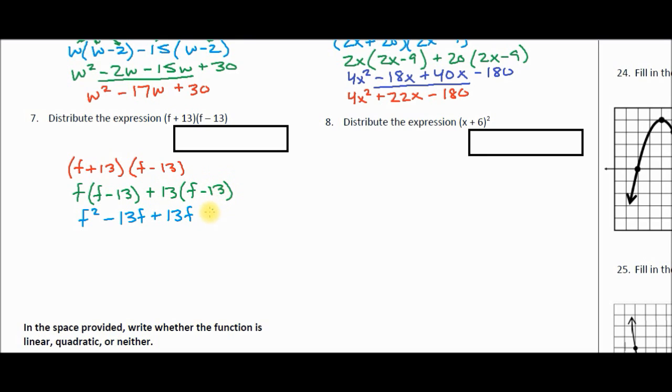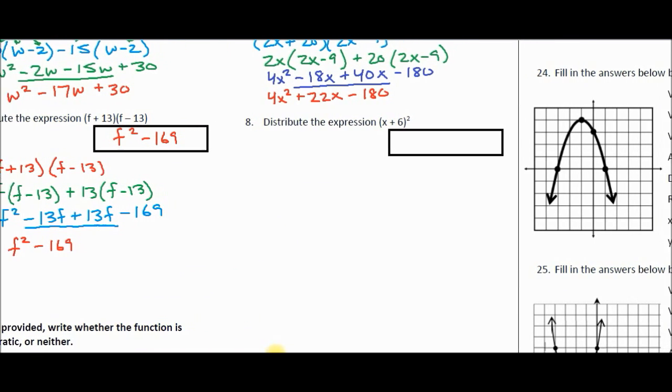And positive 13 times negative 13 is negative 169. So now you see, in this special case, the middle terms cancel each other out. And we're just left with f squared minus 169.